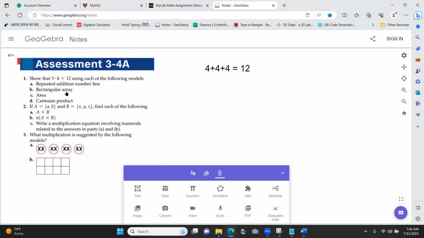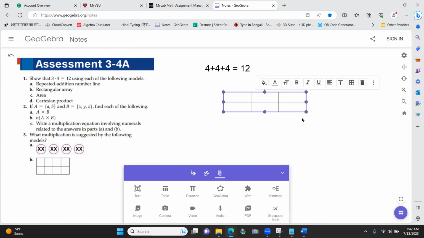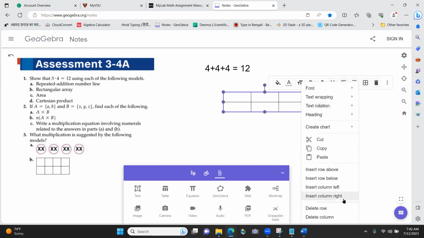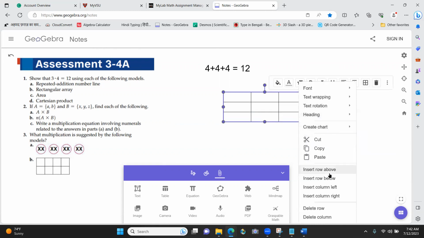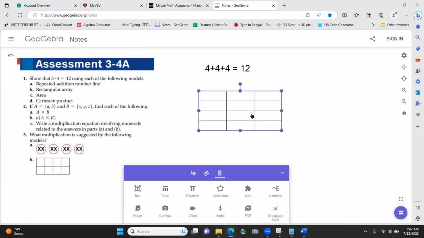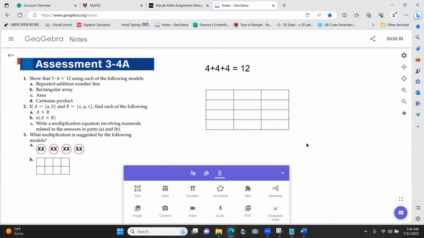What do they mean by rectangular array? A rectangular array simply means you have a rectangle that's 3 units by 4 units, or 4 units by 3 units, doesn't matter. If you have a 3 by 4 rectangle, how many cells do you have?